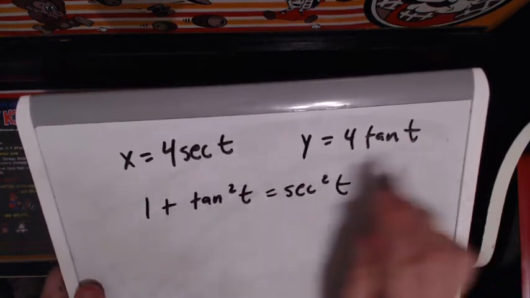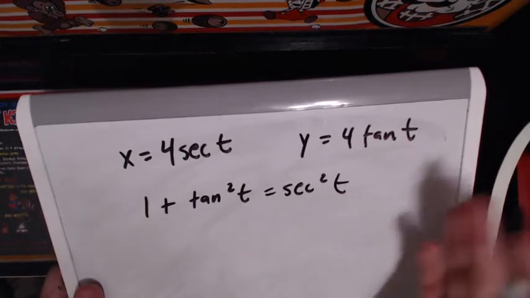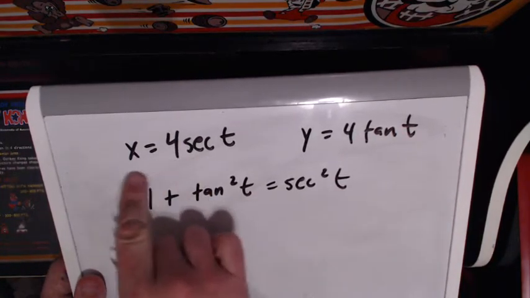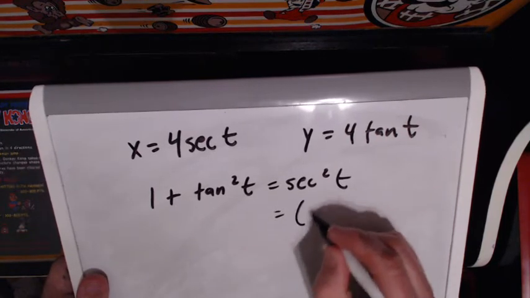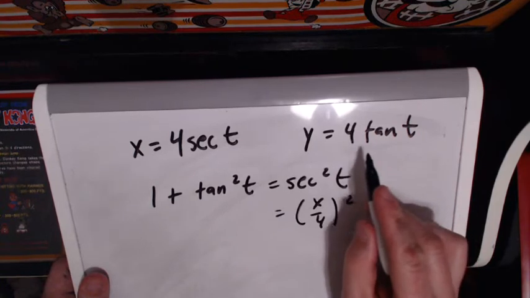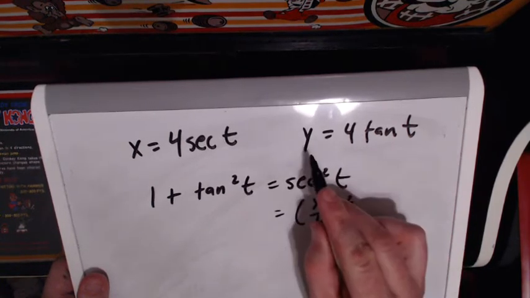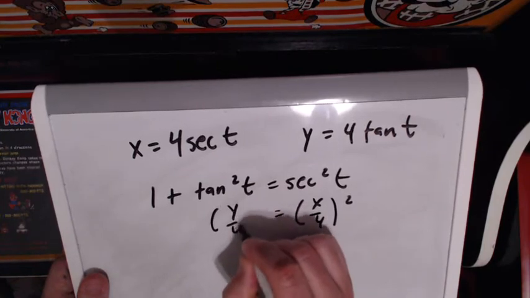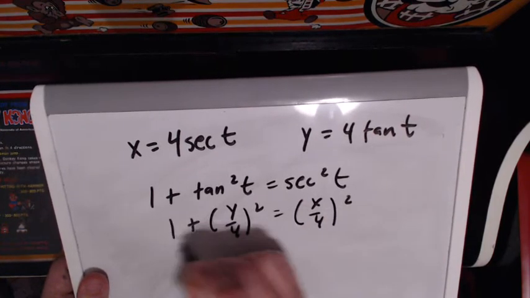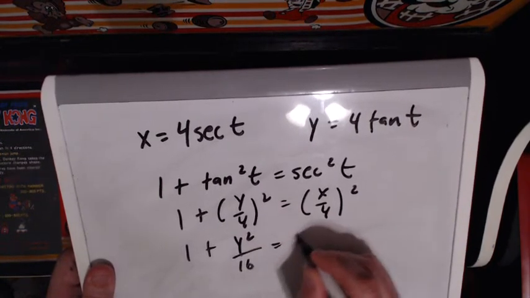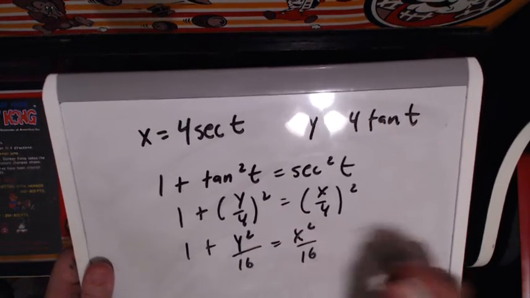So by just solving these for secant and tangent, you could easily solve this, right? So you could divide that by 4, so secant would be x over 4. And here, if you divide that 4 over, you get tan is y over 4. So you get 1 plus y squared over 16 equals x squared over 16, very similar to the other one, right?